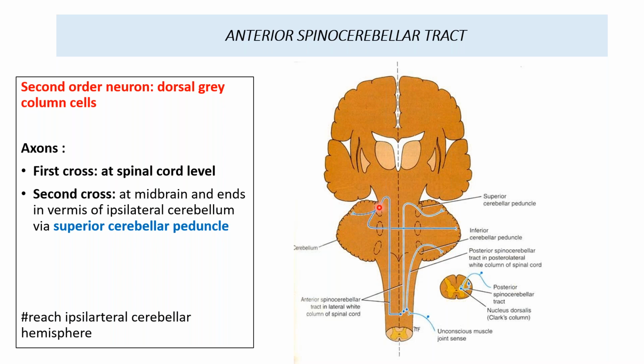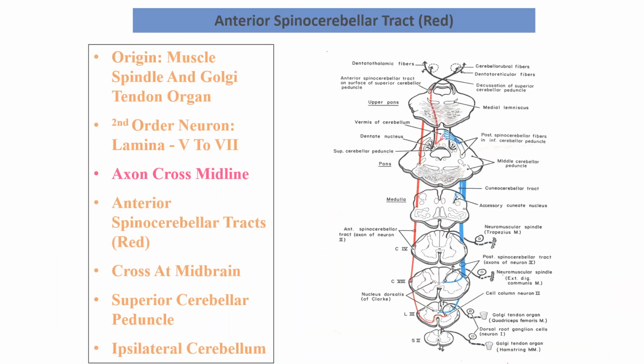This is the midbrain, and it crosses at the level of the midbrain through the superior cerebellar peduncle, and reaches where? To the cerebellum itself. So this is how the anterior spinocerebellar tract crosses twice and will reach the same part of the cerebellum, the same side from where it started.